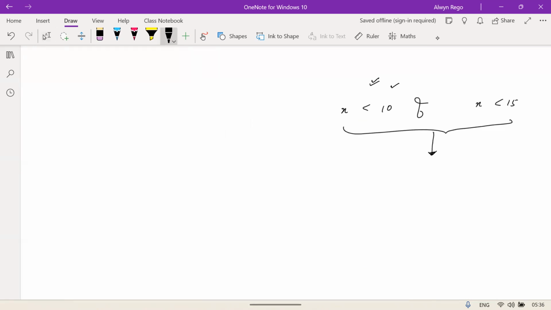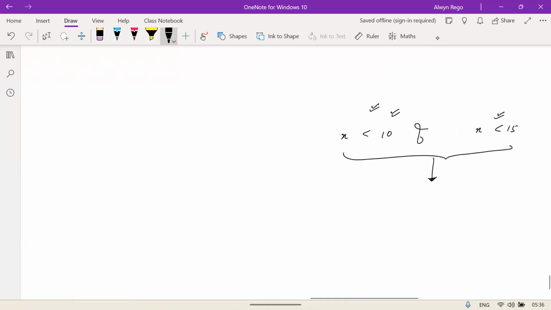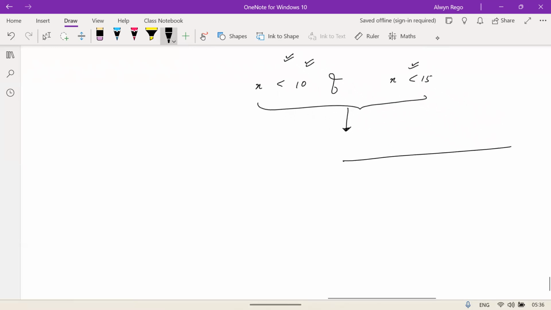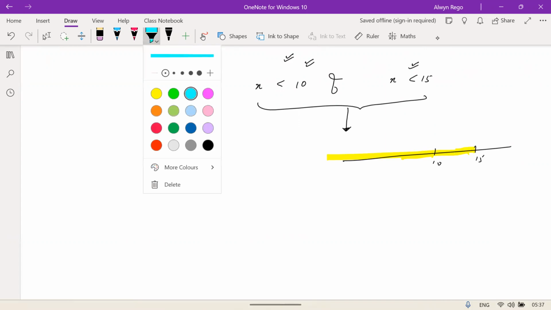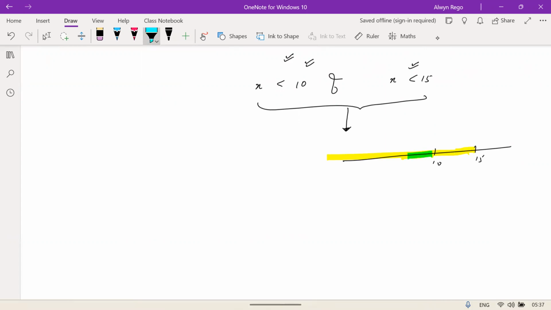If x has to be less than 10 and x has to be less than 15, what would your conclusion be? If this is 10 and this is 15, you have to stay to the left of 10, and also to the left of 15. Then you'd better stay to the left of 10, because whenever you stay to the left of 10, you have already stayed to the left of 15.